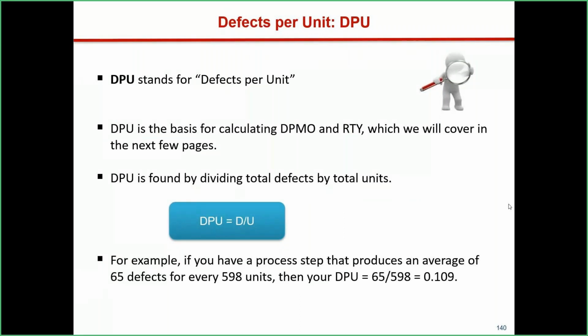When I say defect, what do you mean by the defect? And when I say defective, what do you understand by defective?